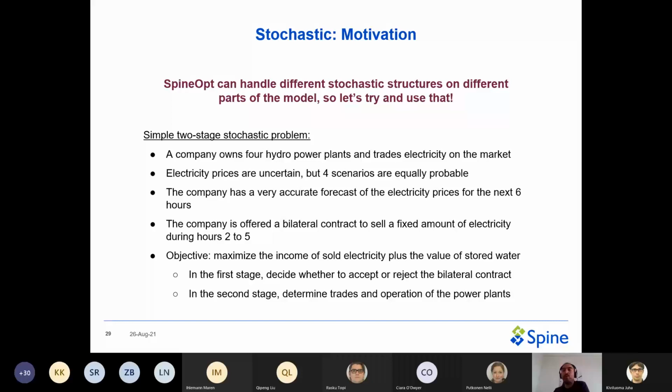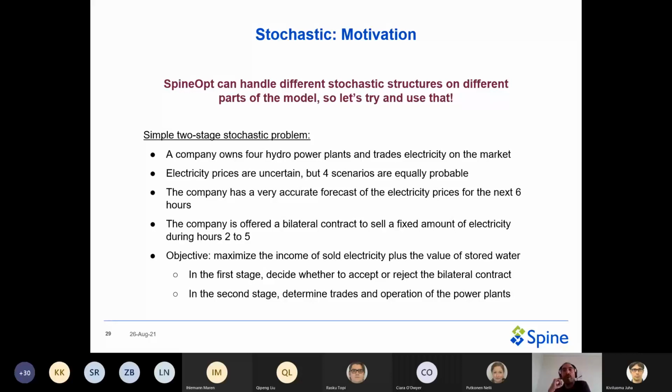And that's often a requirement for multi-energy systems where some parts of your model are just deterministic, so you don't want any stochastics there, and some other parts are stochastic and you want the stochastic complexity only there, so your model doesn't grow larger than it has to. So we're going to try to use that. For this, we're going to take a simple two-stage stochastic problem, which I will describe next.